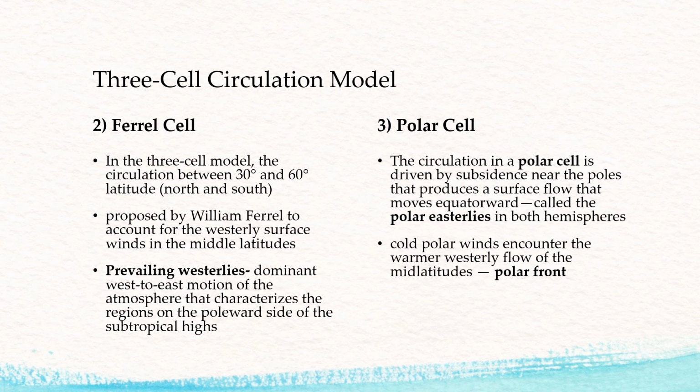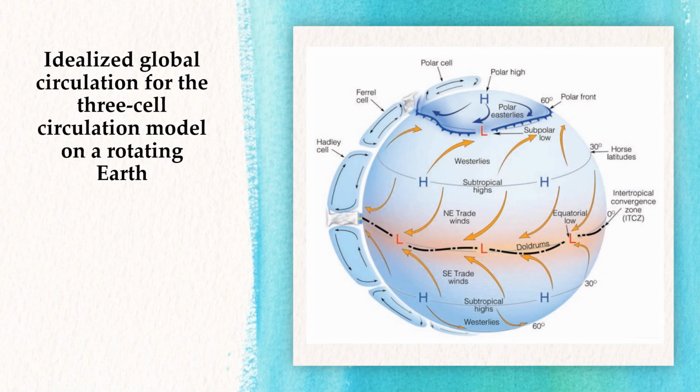So to better see this in a picture, here is the idealized global circulation for the 3-cell circulation model on a rotating Earth. Again, this is the Hadley cell. The circulation happens in both the northern hemisphere and the southern hemisphere.